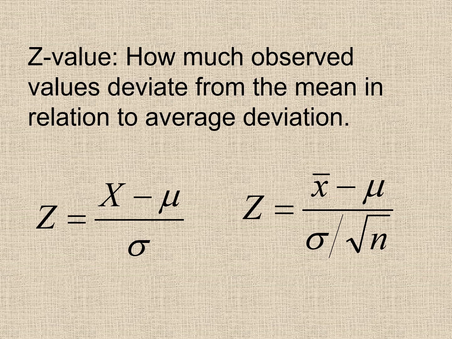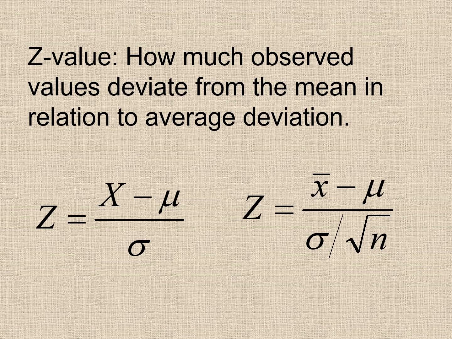They both give us information of how much an observed value, an observed individual value, or an observed sample mean, deviates from the population mean in relation to expected average deviation from the population mean.